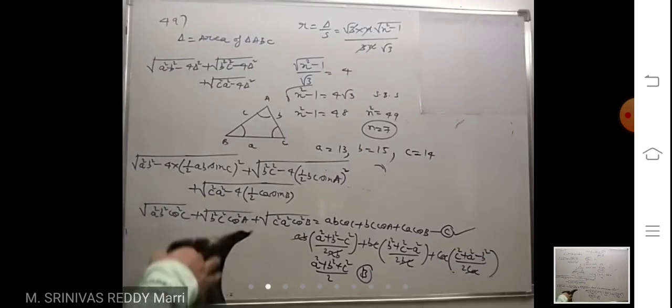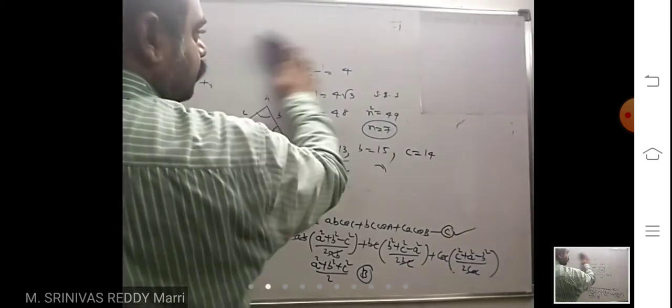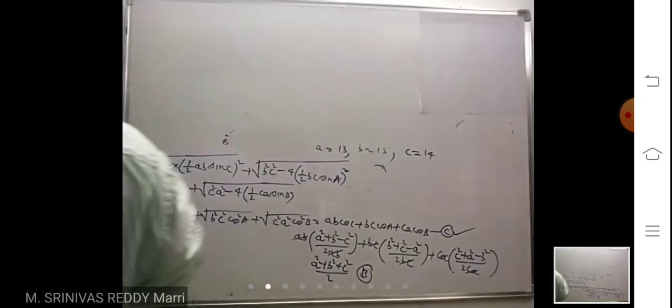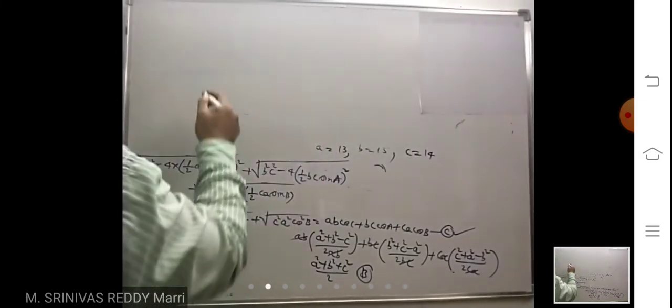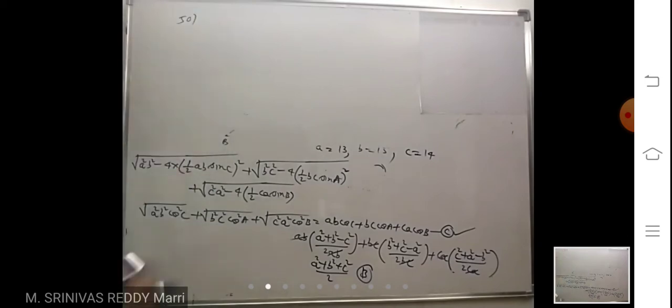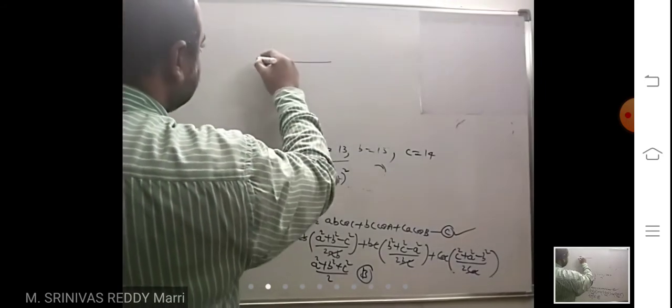Next problem. Fifty is a direct formula converted into different forms. Look at the length of median formula, a direct formula, but converted into different forms. Look at how to do the problem.